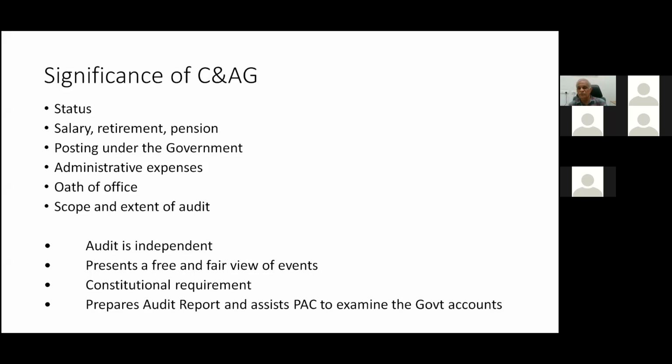Whatever we have spent, or whatever reports they have generated, a few items out of that will be selected by the PAC, and they may ask for oral evidence of higher officials. They accept that, and based on that, they give the report also. That report of the PAC is recommendatory in nature. It is not mandatory. It is recommendatory in nature, and the respective ministries will go into the recommendations.